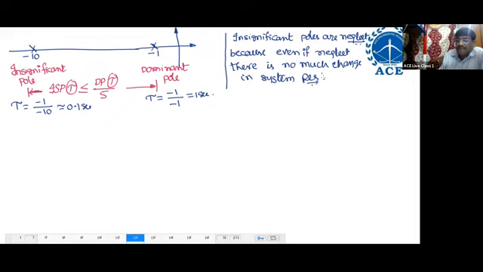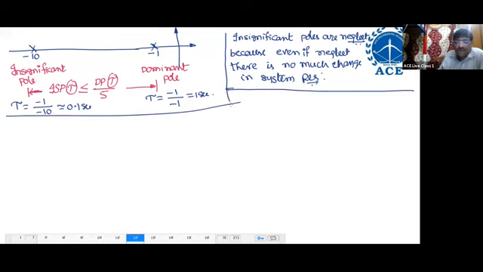Now I will prove it here. Either consider the insignificant pole or neglect it, there is no much change in the system response. Both the responses are approximately the same.